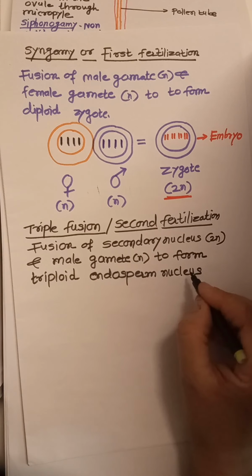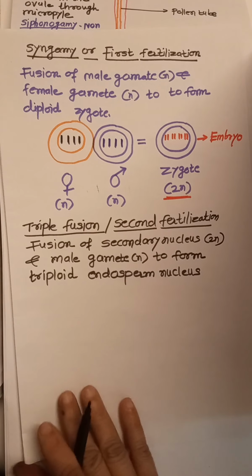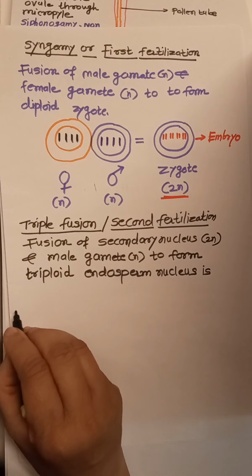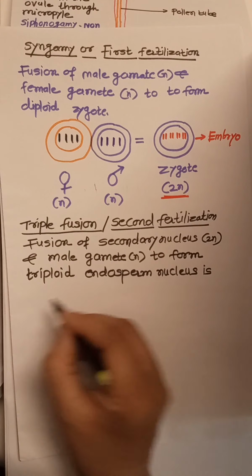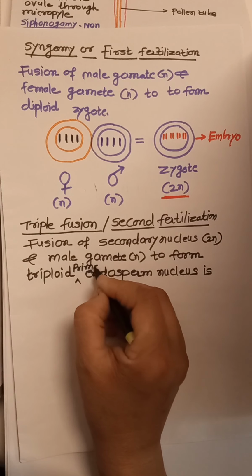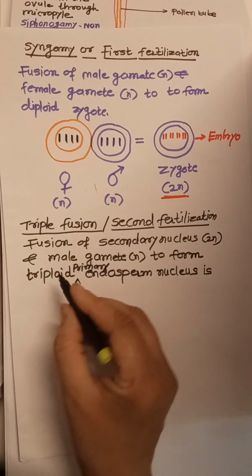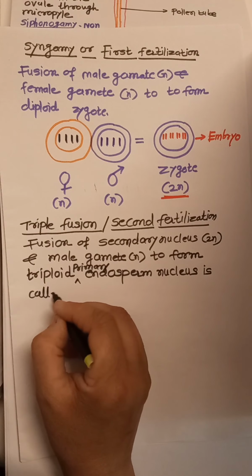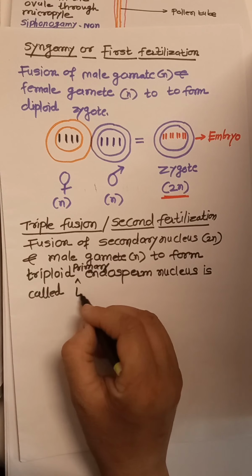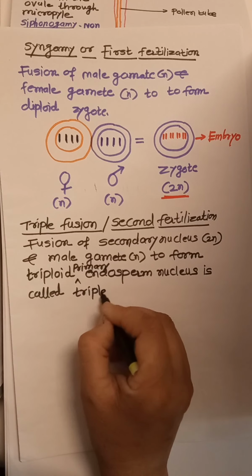That triploid primary endosperm nucleus is formed by triple fusion.